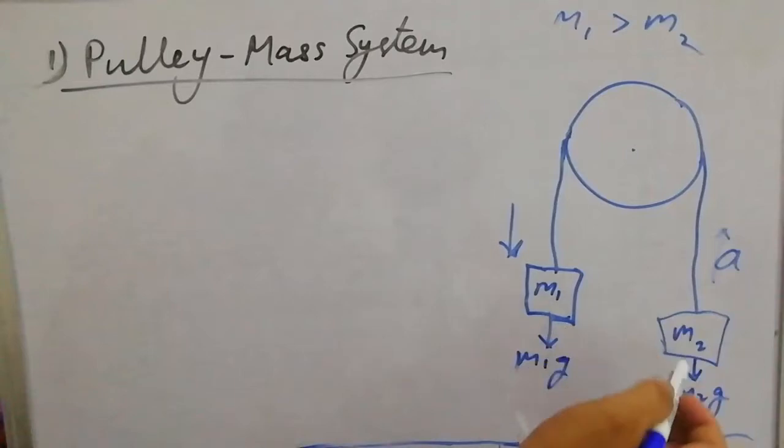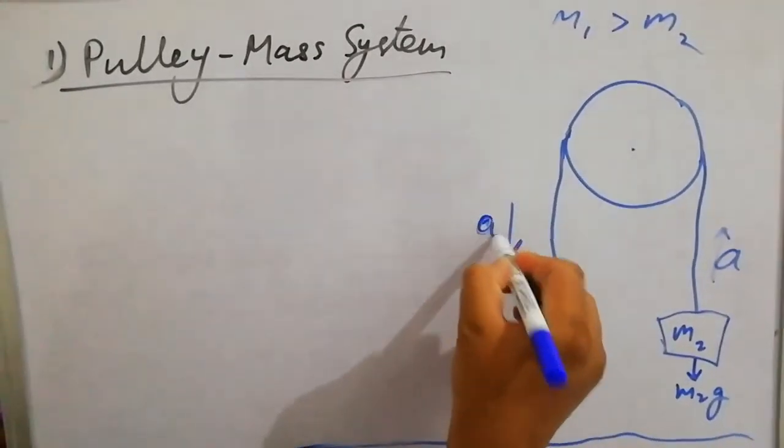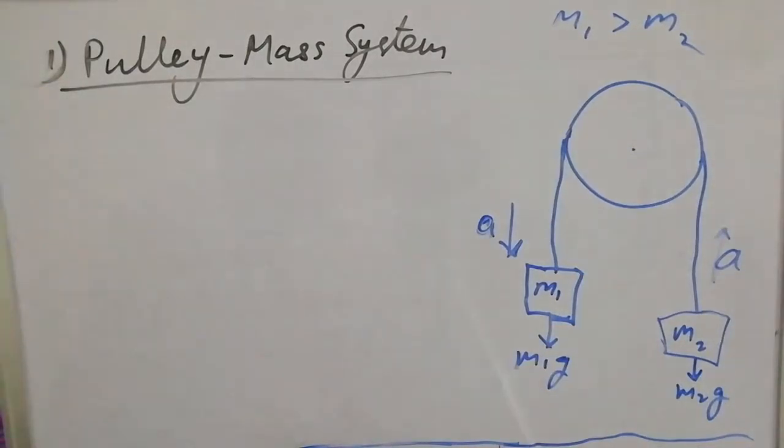So if mass m2 is moving upwards with an acceleration a, then m1 will be moving downwards with an acceleration a, isn't it? Now let us see the relation.